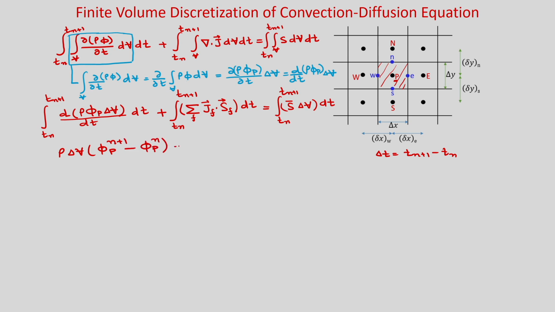And for this term you will get plus, we are taking J f dot S f at some time level tau, which is in between T n and T n plus 1, and the last term also, S bar at the cell center P, S P. So, S bar delta V at time level tau, times delta t. Here delta t will be there because you are integrating over this.